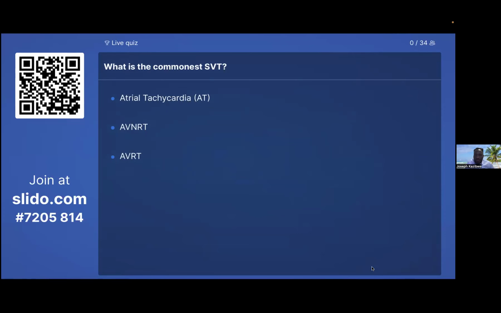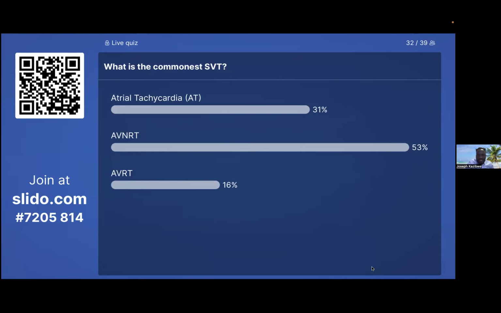Right, so what's the commonest SVT? I'm sure if you've worked in A&E or you're going to work, you've probably seen this even on the wards, and you've probably heard of these terms. What do we think it is? I'll give it the next 10 seconds, and then we flip over.